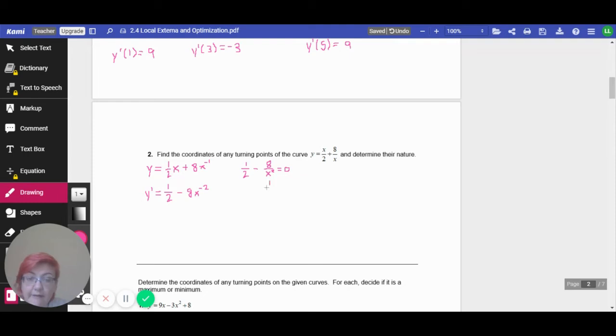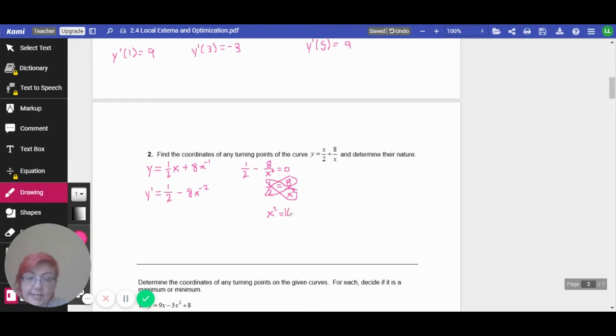So now I have 1/2 equals 8 over x squared. I am now going to cross multiply. x squared times 1 is x squared, and 2 times 8 is 16.